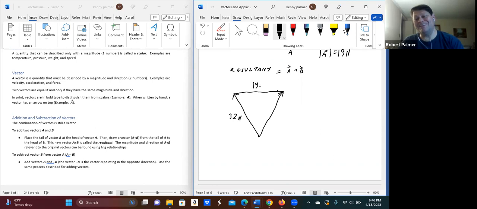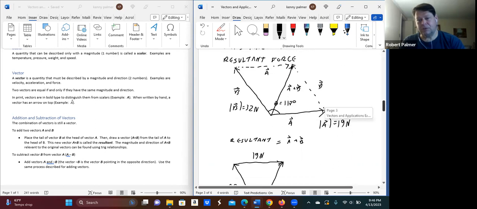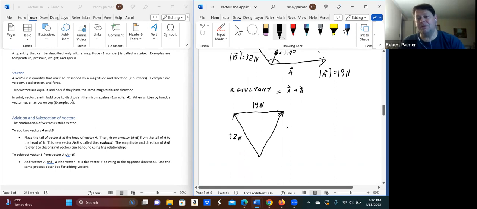This was 19 newtons. And this is our resultant force. Let's call this F to make it easier. We're looking for this length here, which is the magnitude of our force F.